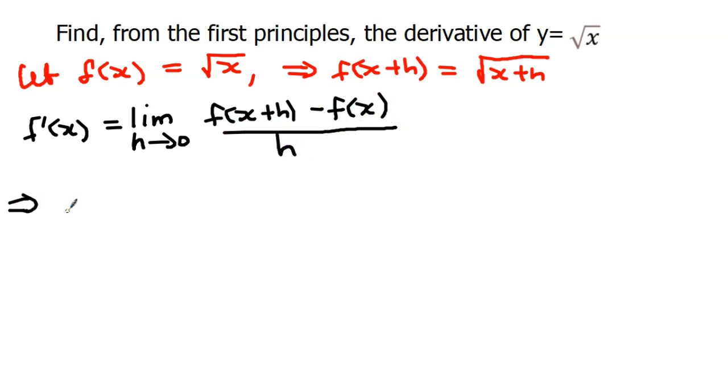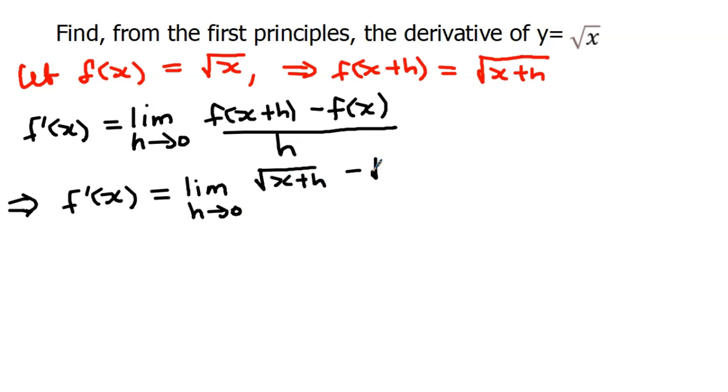So this implies that the derivative of f of x is equal to the limit as h tends to 0 of root x plus h minus root x, all over h.